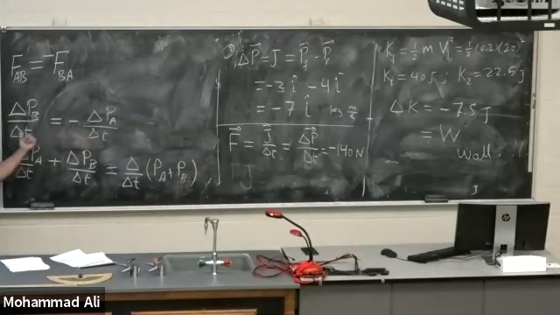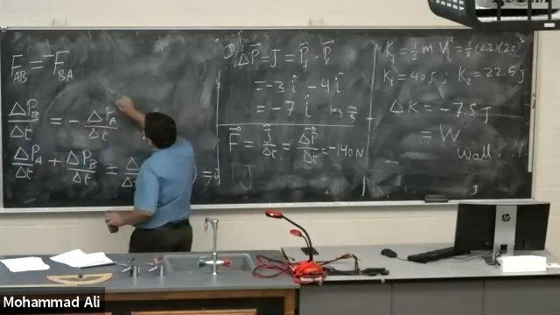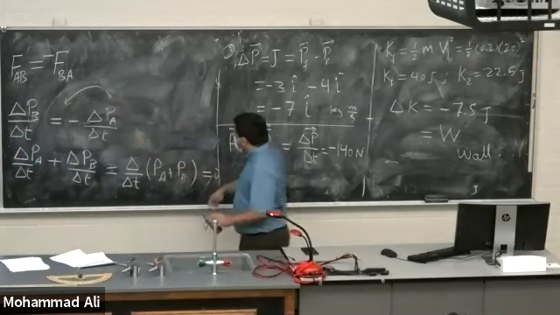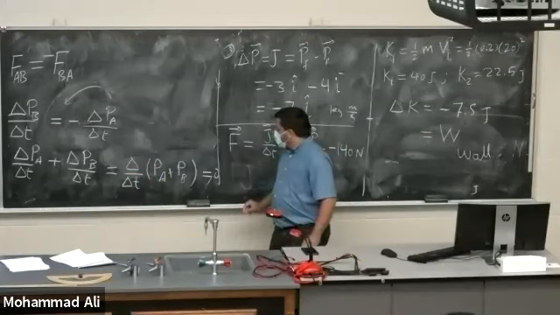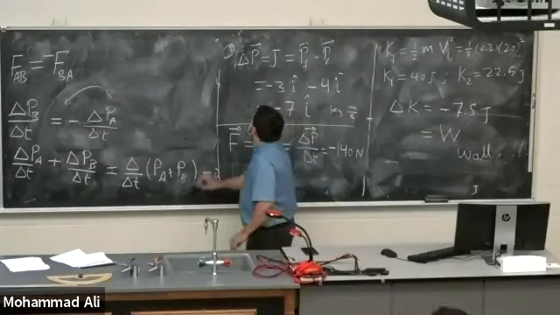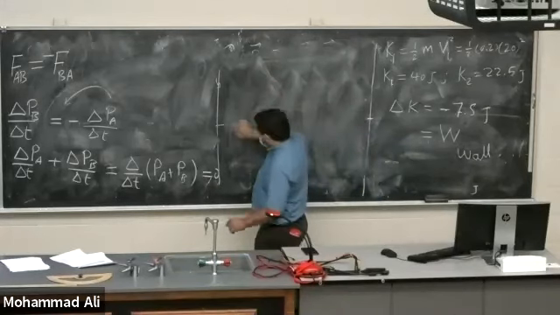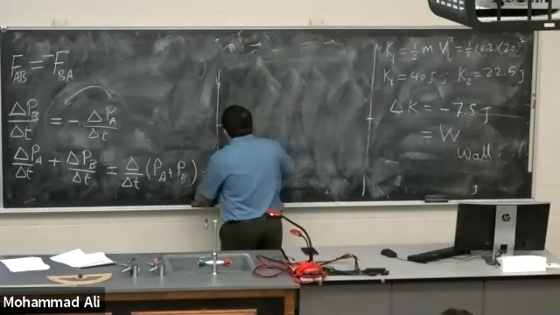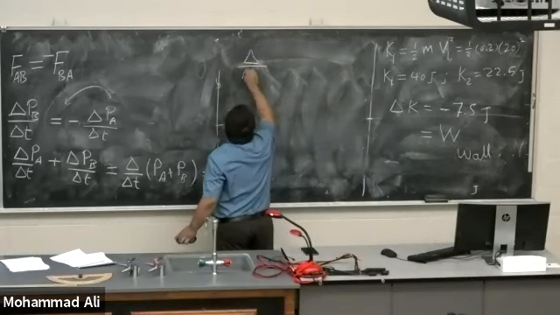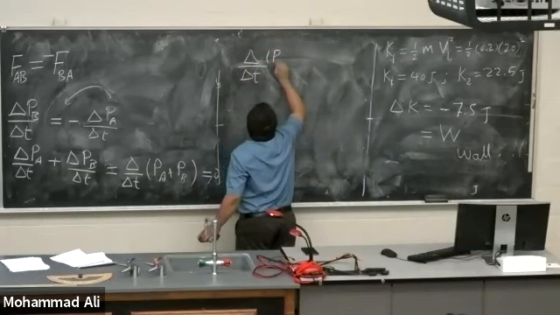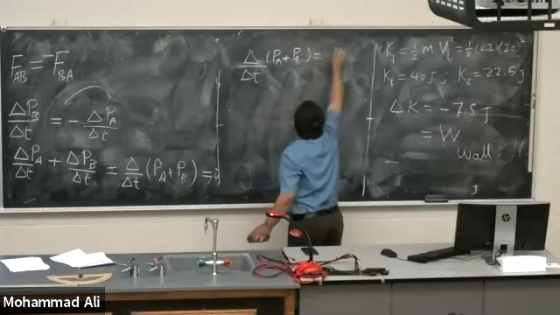When we bring this to this side, the opposite side will be 0. So now look. I'll tell you something important now. We have delta over delta T of P_A plus P_B is equal to 0.